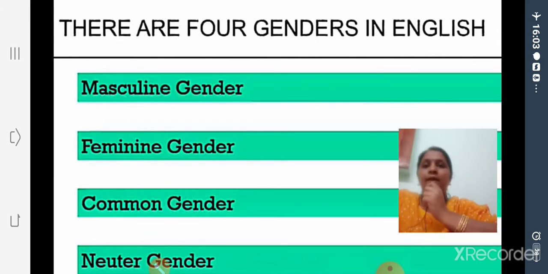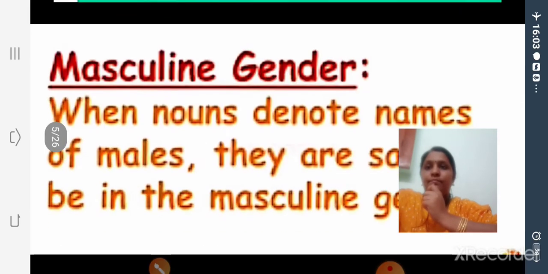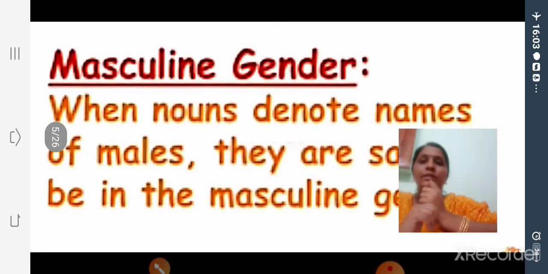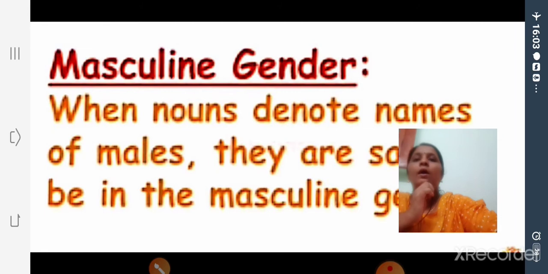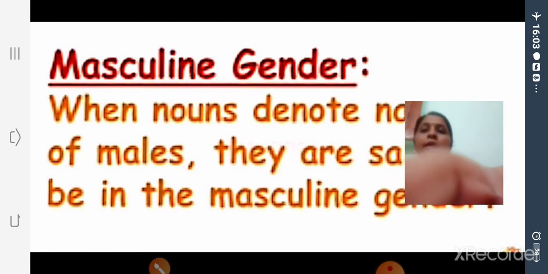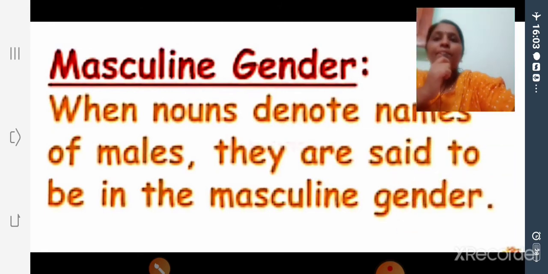So let us analyze one by one. Okay. What is a masculine gender? When nouns denote names of males, they are said to be in the masculine gender. When nouns refer or denote males, they are said to be in the masculine gender.